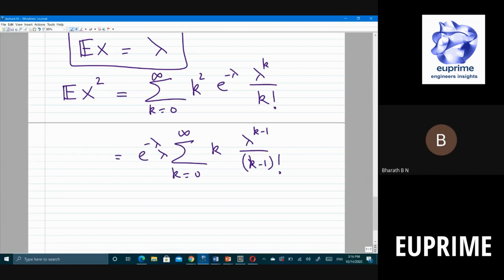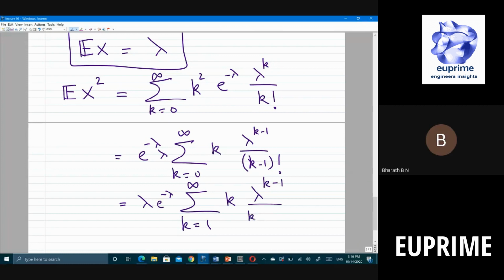Now what do you do? This one we have already calculated above, I think. Did we calculate this? When k is 0, it doesn't matter, so this starts from k equal to 1 to infinity of k lambda power k minus 1 over k minus 1 factorial.